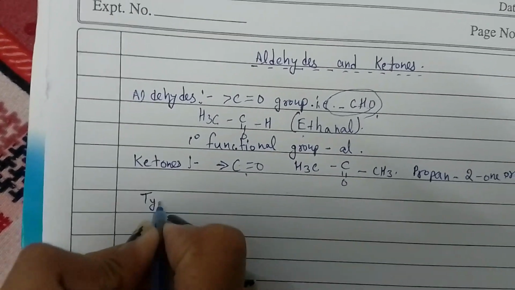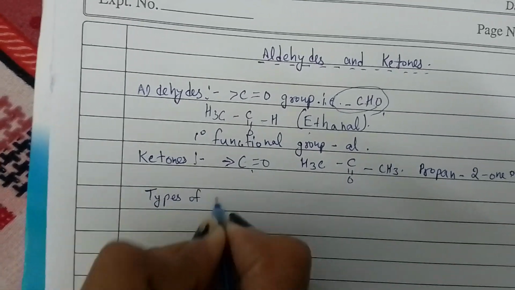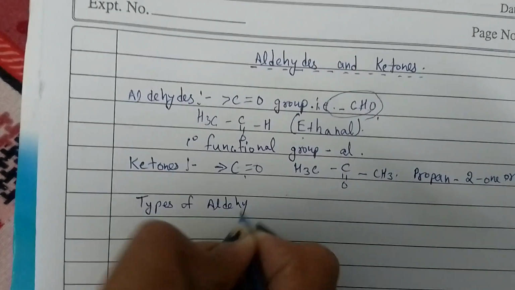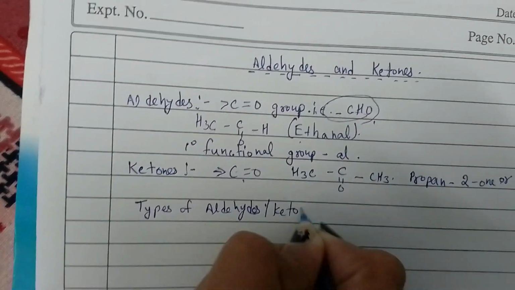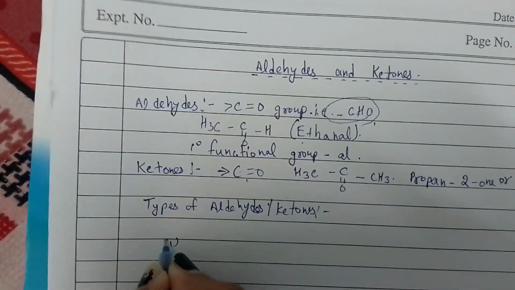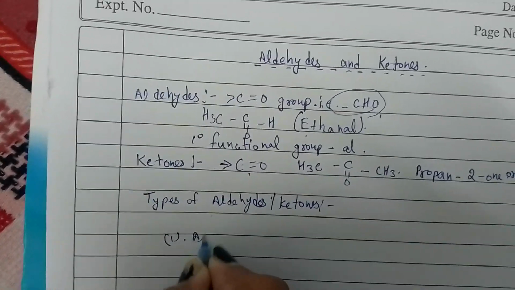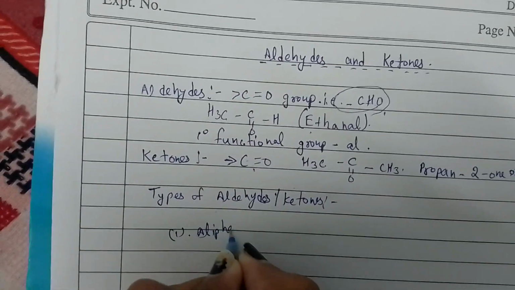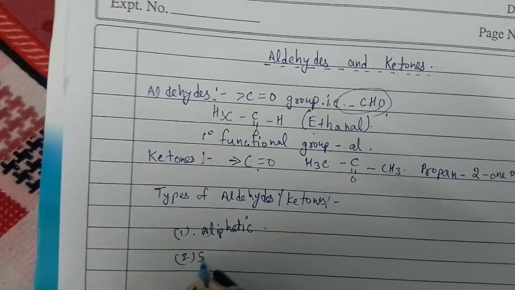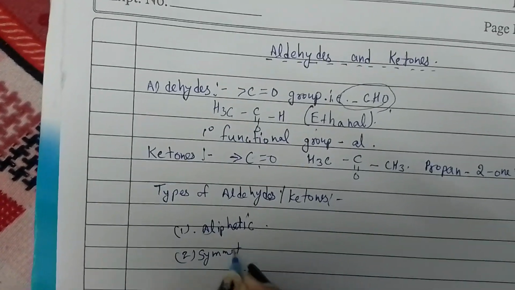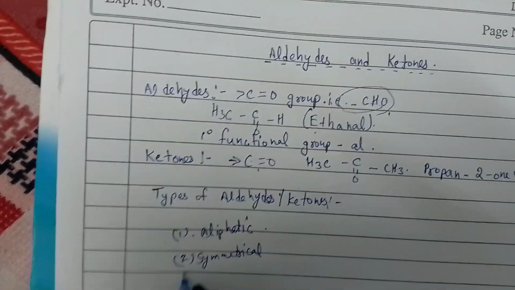Now the types of aldehydes and ketones, they have many types. We will write about the types. Aliphatic aldehyde and ketone. Second is symmetrical aldehyde and ketone.